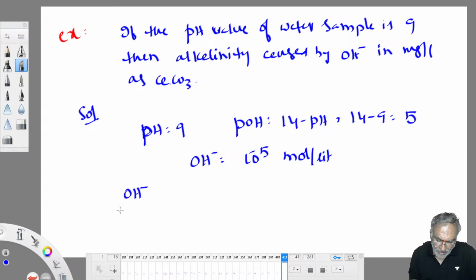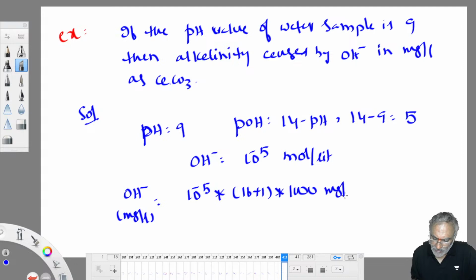So OH minus ions in milligram per liter is equal to 10 power minus 5 moles per liter into molecular weight of OH minus, 16 plus 1, into 1000 milligram per liter. So it is 0.17 milligram per liter.